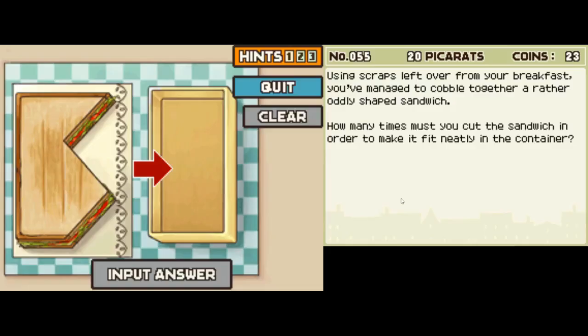So how can you fit a sandwich in the container? Well, I doubt you would have to cut it multiple times, but I get the feeling it's just one time. But as to where, that's a very, very good question.